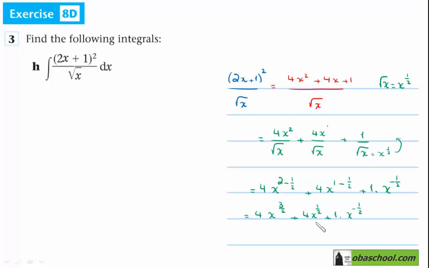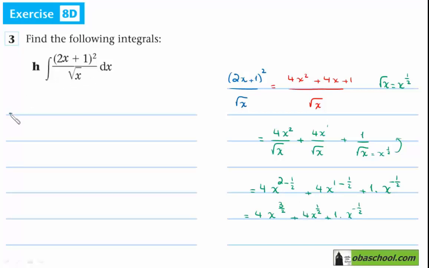Therefore, this fraction now is the same as this linear combination, where it's easier for us to integrate. So we can substitute now: the integration of part h is equivalent to the integration of 4x to the power 3 over 2 plus 4x to the power half plus x to the power minus half with respect to dx.